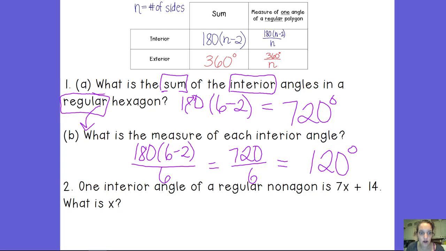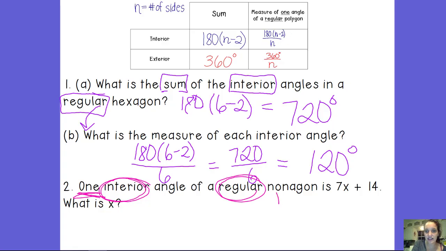Okay, number 2. One interior angle of a regular nonagon is 7x plus 14. Keywords: interior, regular, and then one is also helpful. One interior angle in a regular polygon can be found using this formula.